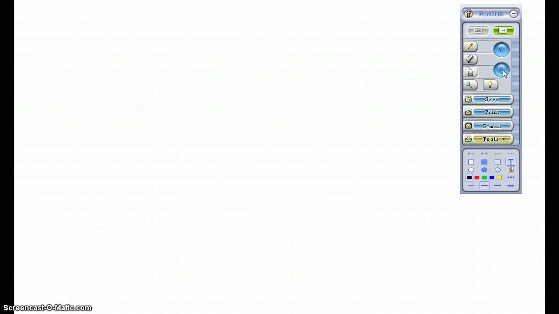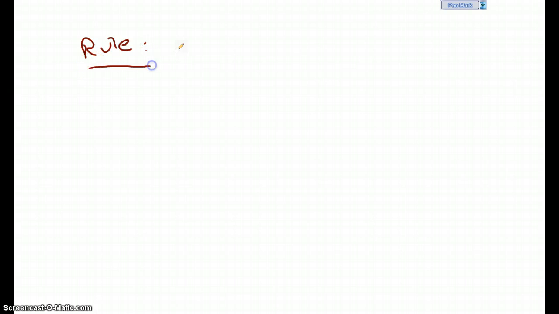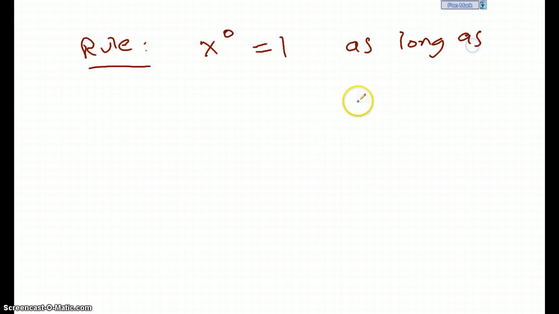Okay. One last interesting feature before we go into this is one rule that we have is that anything raised to the 0 power is equal to 1, as long as x is not equal to 0. Okay, well that brings up a couple of interesting points. Why is x to the 0 equal to 1?